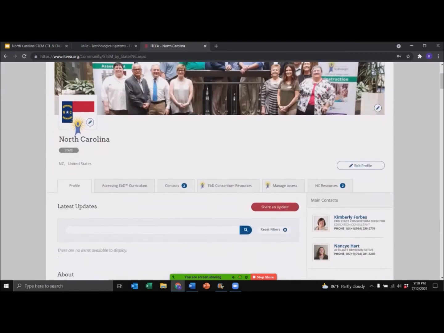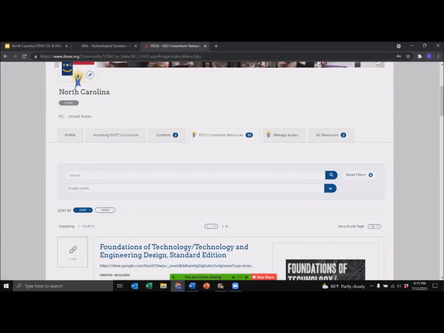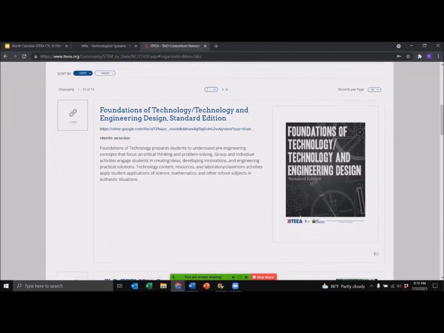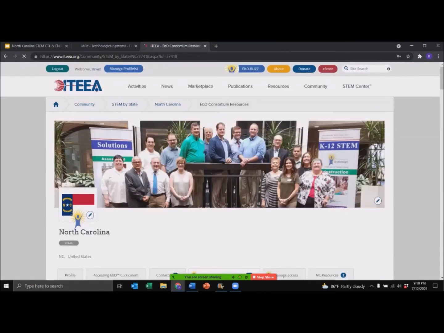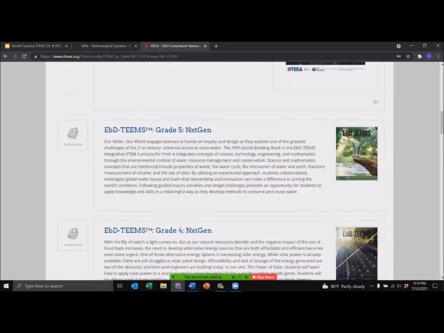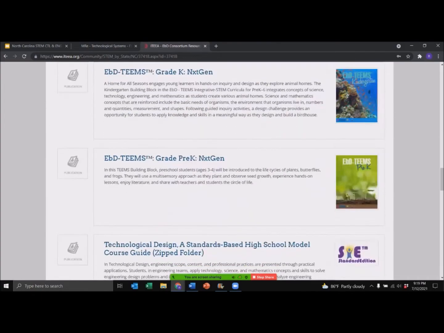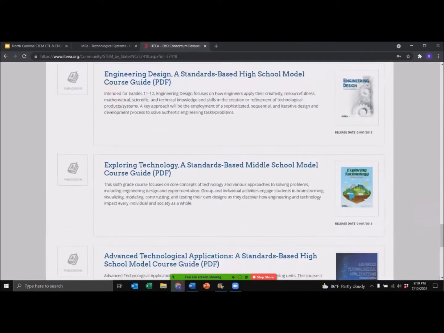Afterwards, as long as you're logged in and approved via your North Carolina email, you left click on EbD Consortium Resources. And afterwards, you'll get access to all of the courses being offered in your state of North Carolina, ranging from EbD teams, pre-K, all the way to secondary at the high school level.